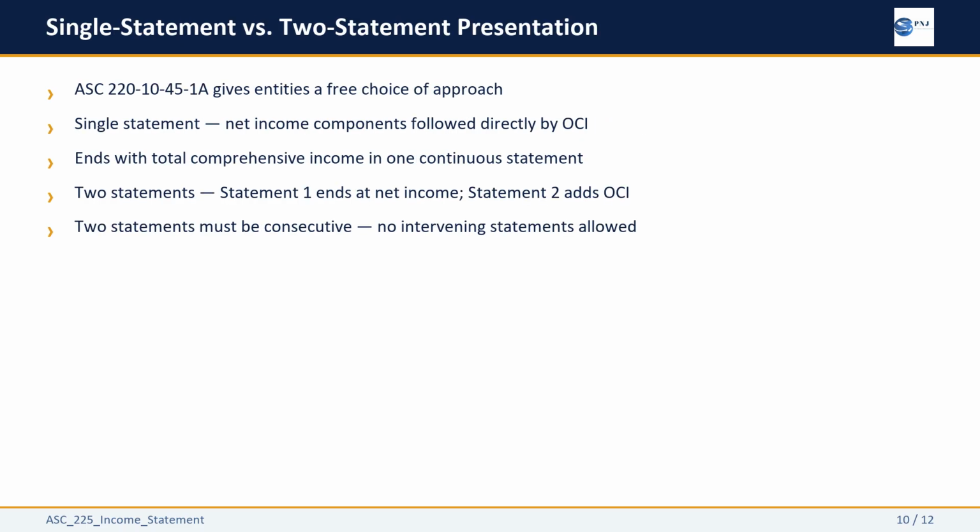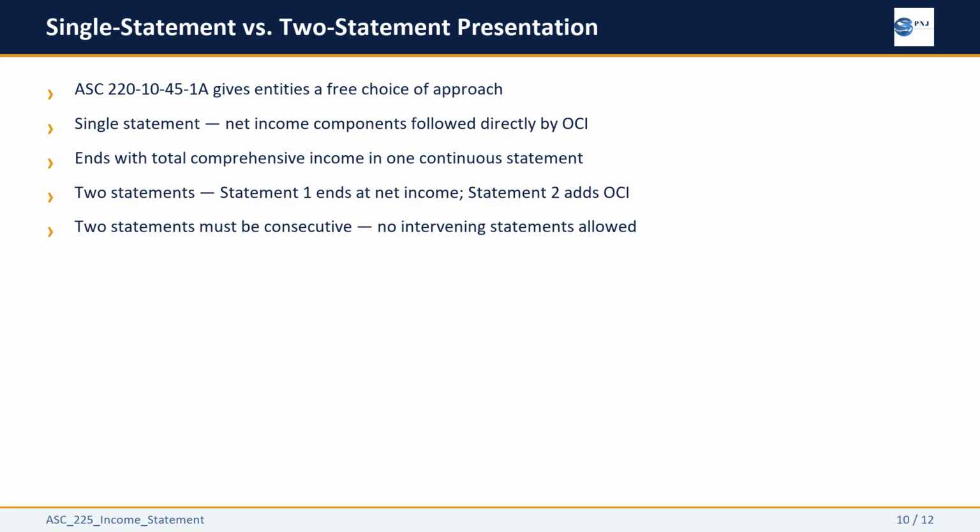ASC 220 gives preparers a genuine choice in how they display comprehensive income. The single statement approach is compact. You start with revenues, work down through net income, then continue directly into OCI components, ending at total comprehensive income, all in one document. The two-statement approach splits the presentation.